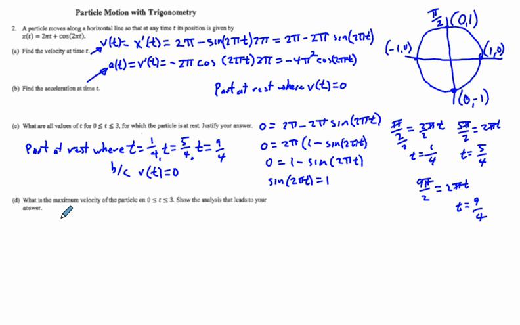So we're going to take this acceleration, a of t, equals 0, equals negative 4 pi squared cosine of 2 pi t.